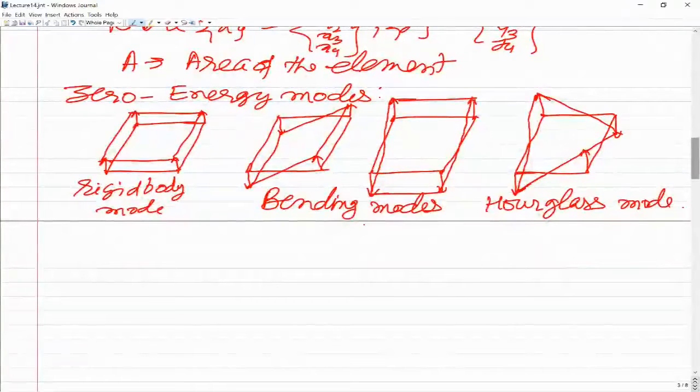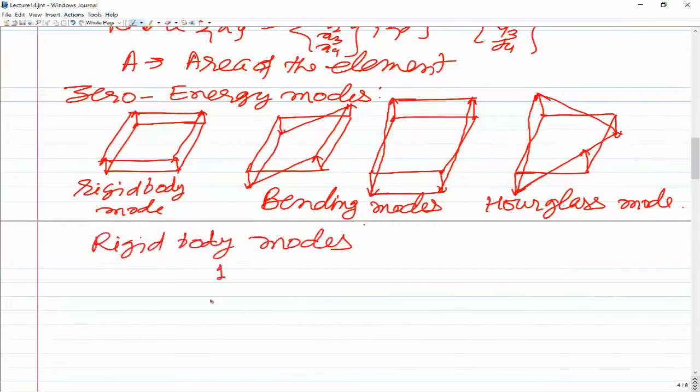If I talk of 1, 2, 3, there are three rigid body modes. Under the zero energy modes, let me first talk about the rigid body modes.